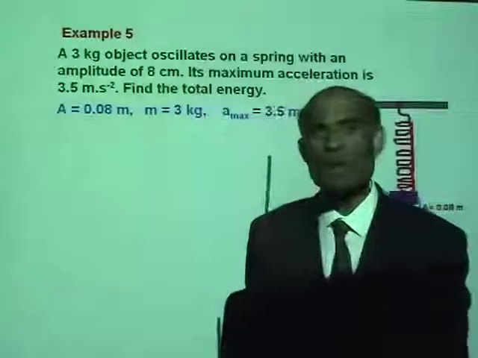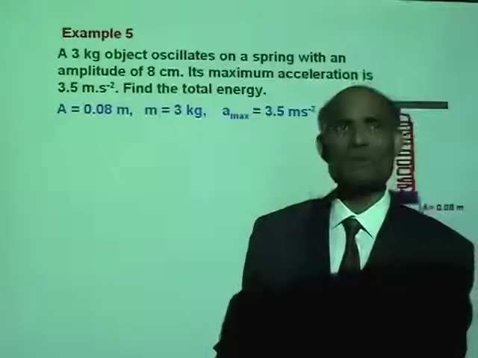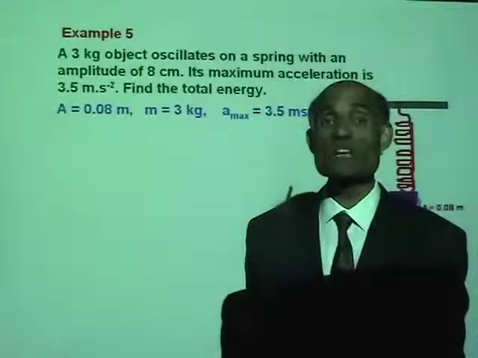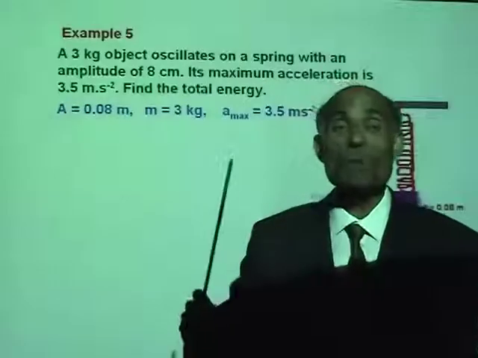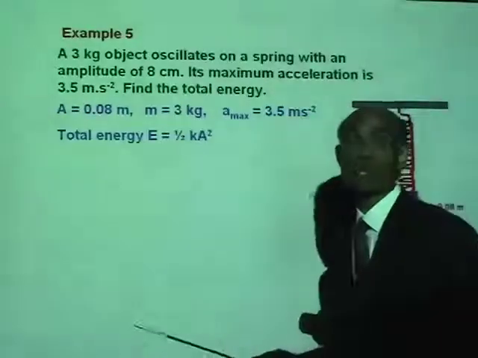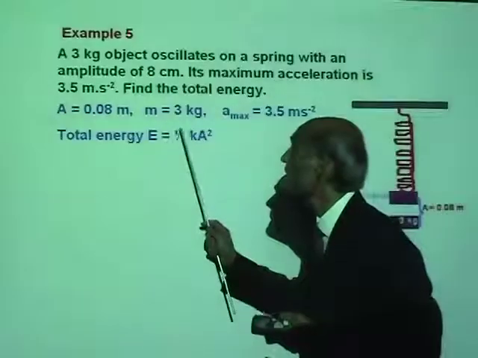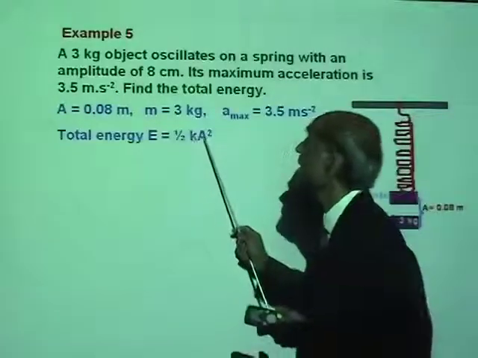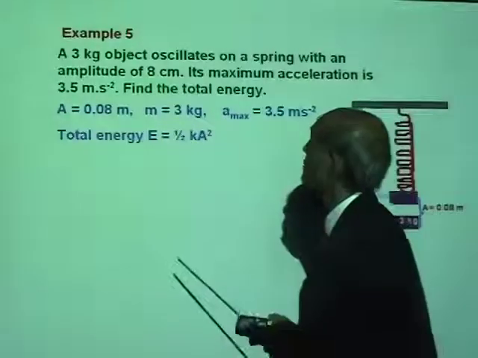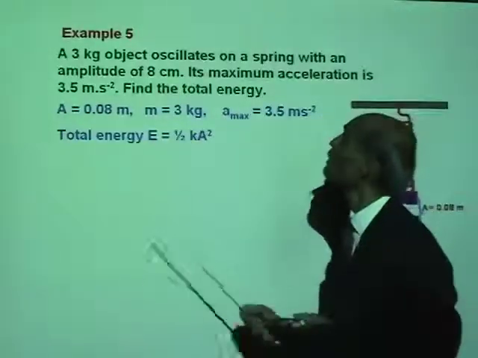Tell me, what is the equation for the maximum acceleration? Maximum acceleration is A omega squared. Now, what is the total energy? Total energy E is 1/2 Ka squared. We need to find that total energy. Now, what do we know from here?